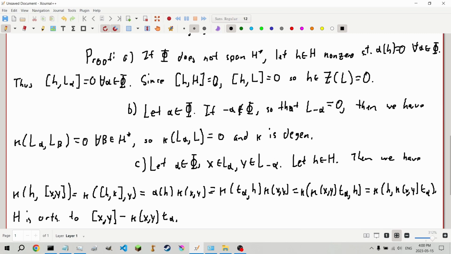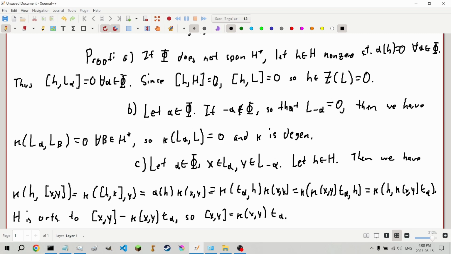So this whole thing must be 0, so the bracket of x and y must be the killing form of x and y times t alpha, which is just what we wanted to show.